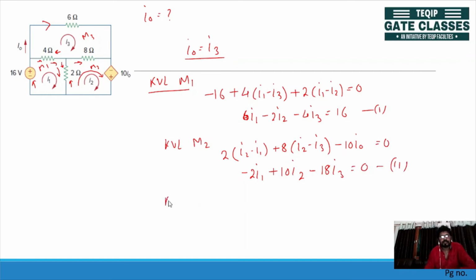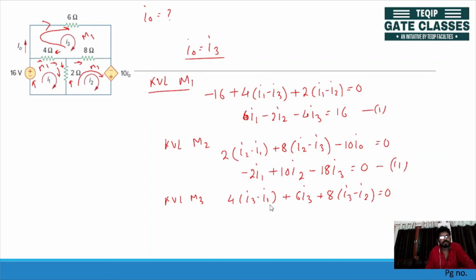And apply KVL in mesh 3. You'll get 4 (I3 minus I1), you're traveling like this, plus 6 I3 and plus 8 (I3 minus I2) is equal to 0.